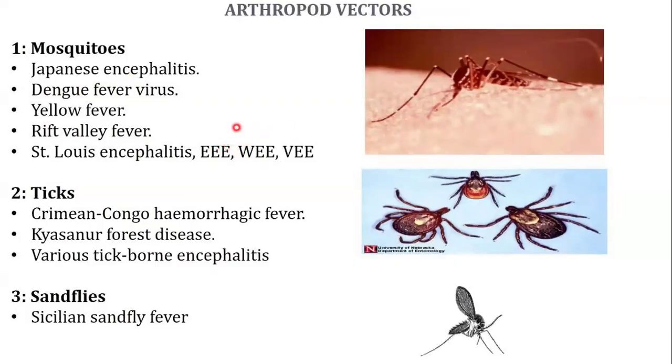So we are going to see Eastern equine encephalitis, Western equine encephalitis, then VEE. Then we have ticks: Crimean-Congo hemorrhagic fever, Kyasanur Forest disease, various tick-borne encephalitis. Then for sandflies, we have Sicilian sandfly fever.